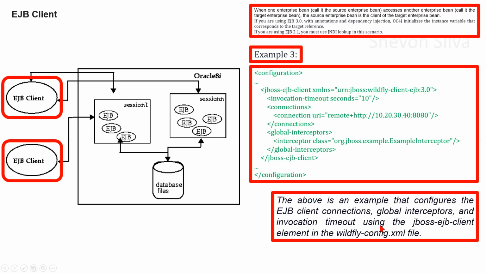In this code, you can see an example that configures the EJB client connections, global interceptors, and invocation timeouts using the EJB client element in the wildfly-config.xml file.